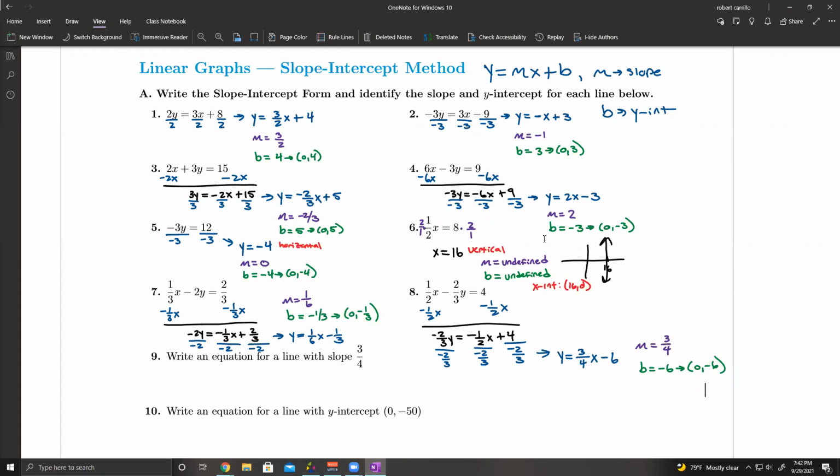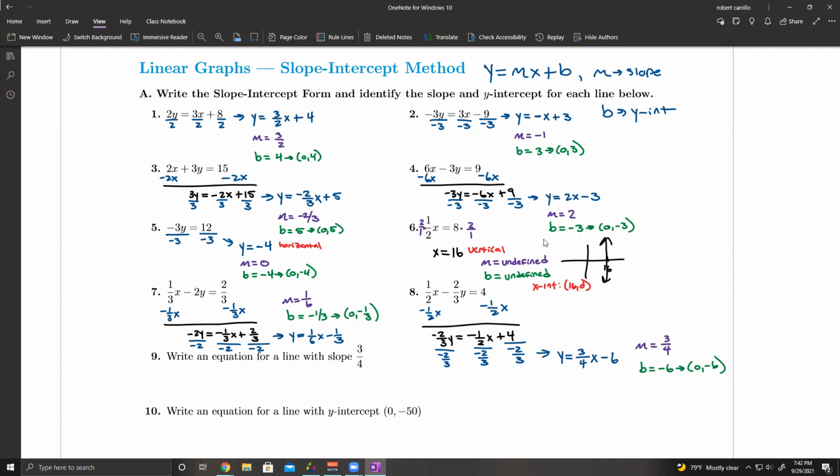Everybody good with 1 through 8? Okay. Cool. All right. Number 9, write an equation for a line with a slope of 3/4.